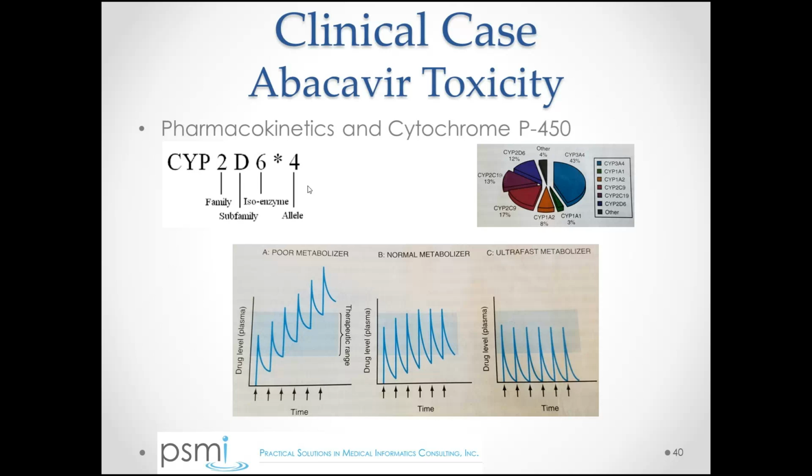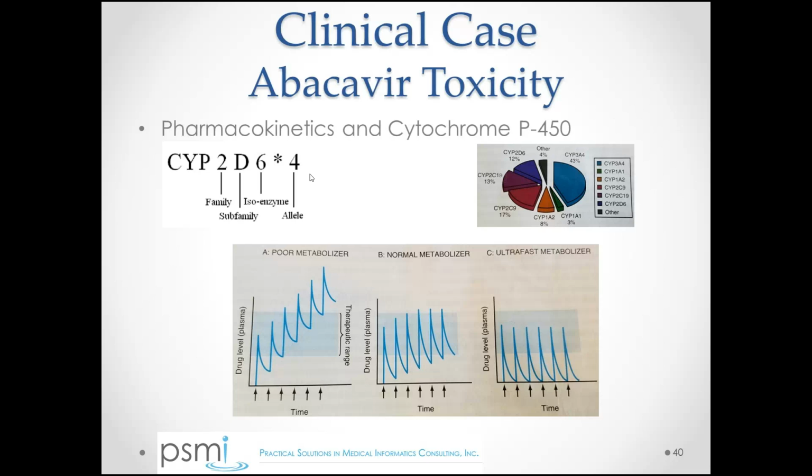And in order to simplify the communication of exactly what cytochrome P450 allele you have, they've simply named the alleles. And so allele number 4 of this gene, you can go to a mapping table and you can figure out exactly what all of the molecular level variants are.